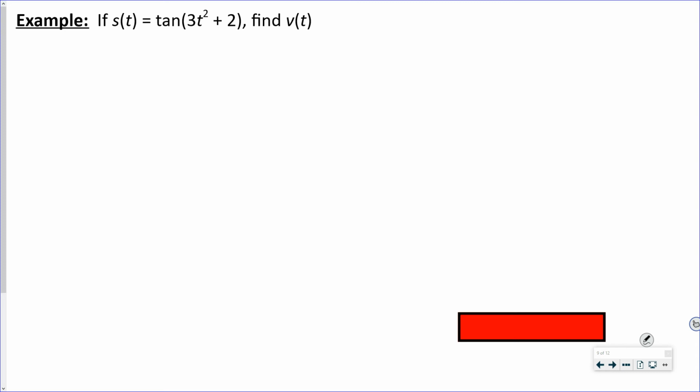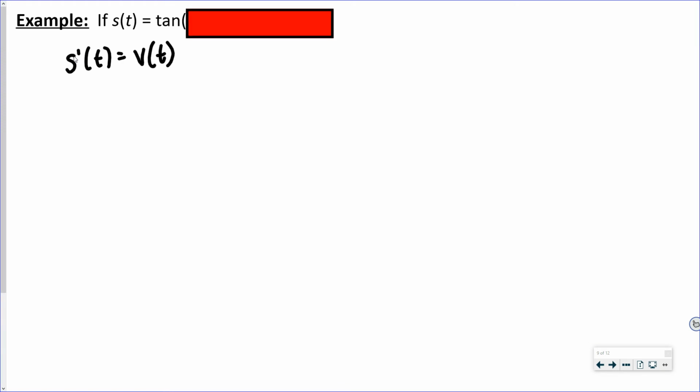Speed. What else do we know? Is velocity the derivative of position? Exactly. Velocity is our instantaneous rate of change of our position. Our derivative of our position is velocity. So they're really just asking us to find the derivative here.